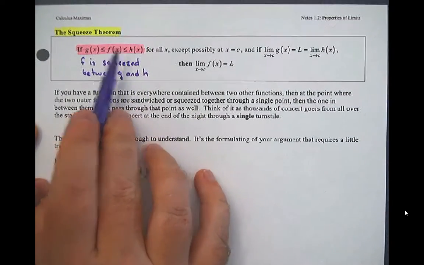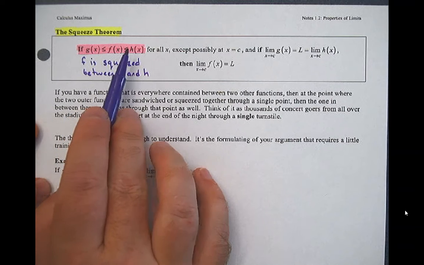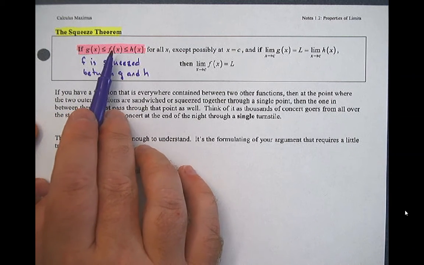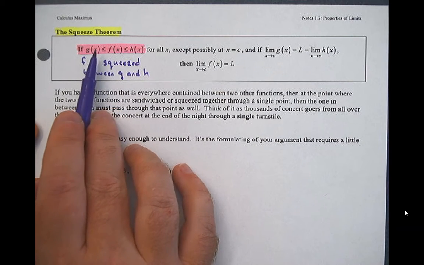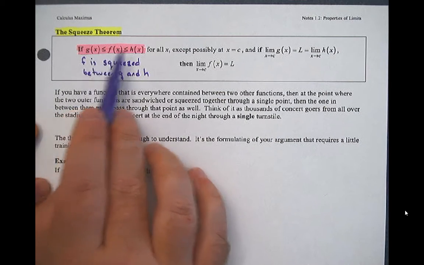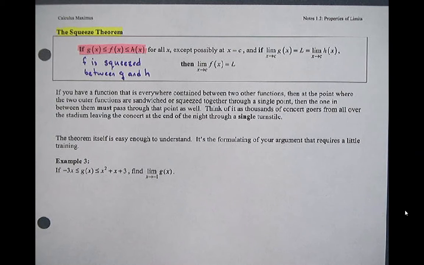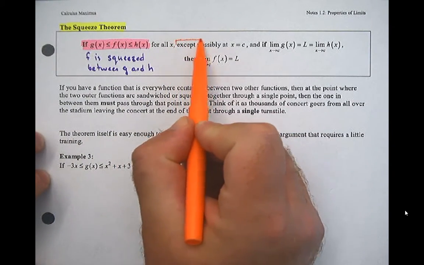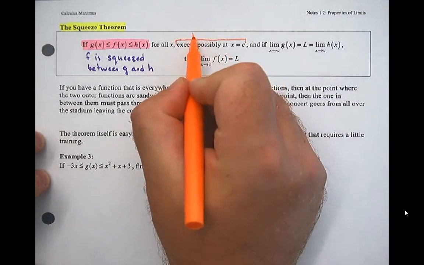That means that every y value of f is going to be smaller than every y value of h, and every y value of f is going to be bigger than every y value of g. So all those values are trapped in between those two functions, except possibly at c.